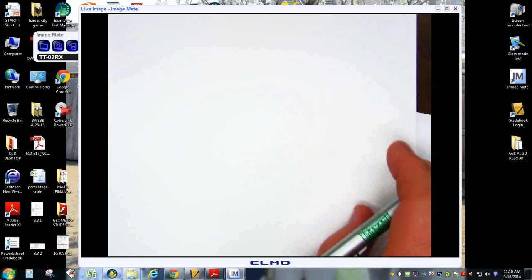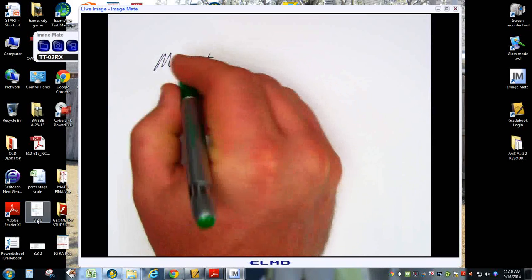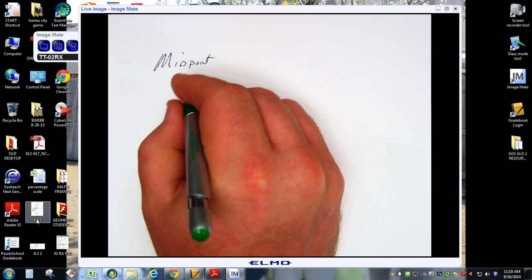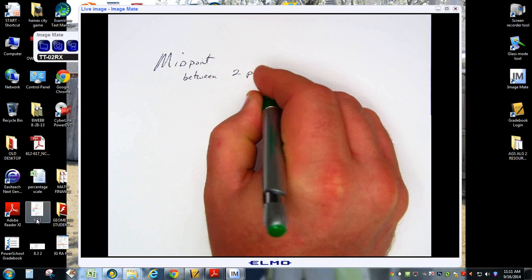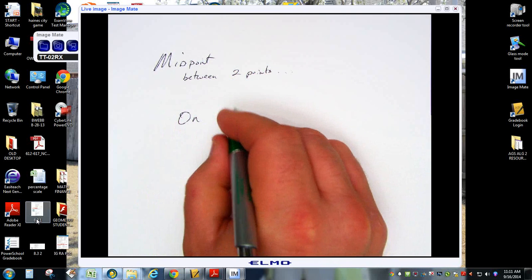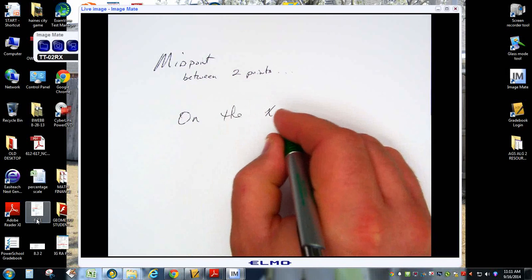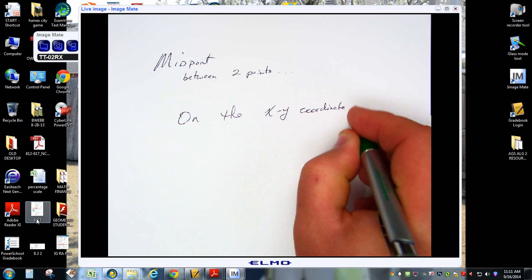Now, what about the midpoint between two points on the x, y coordinate plane?